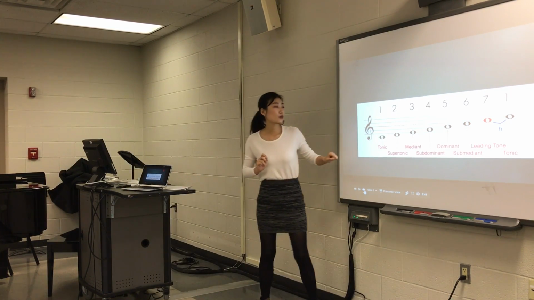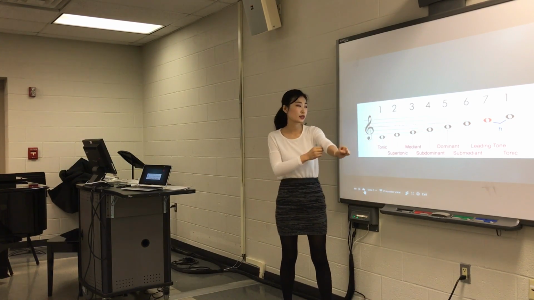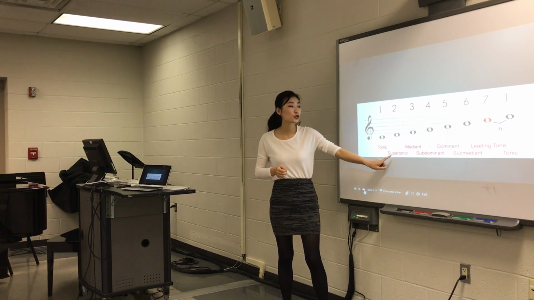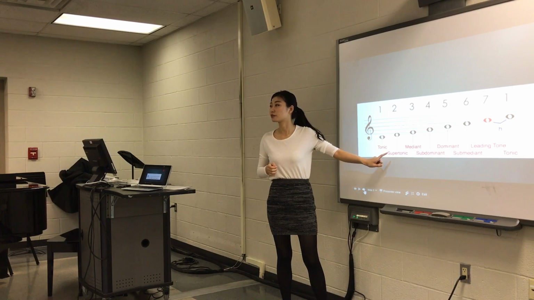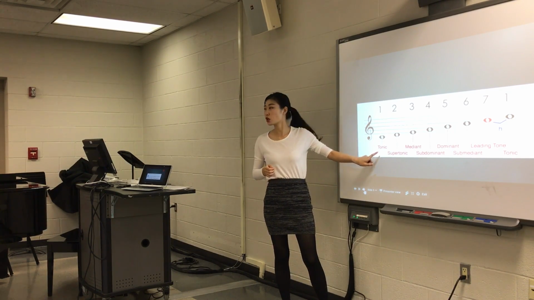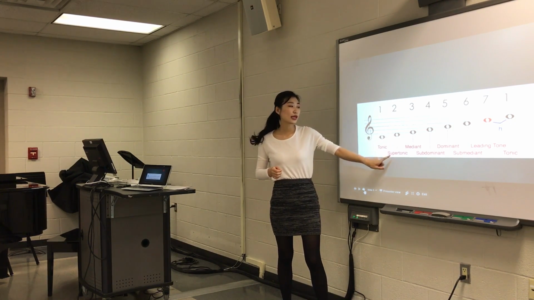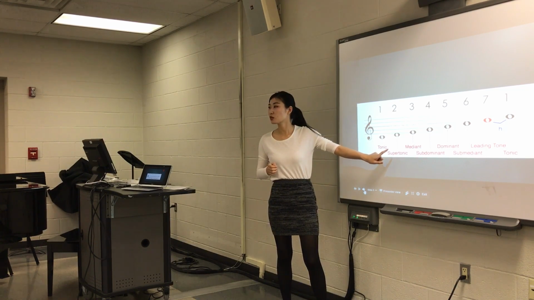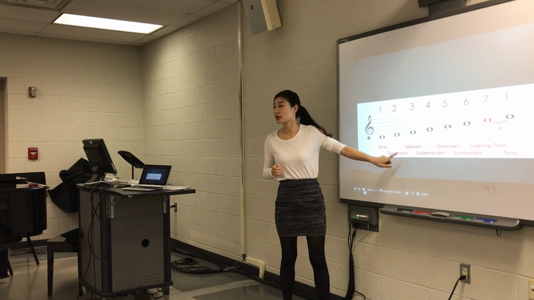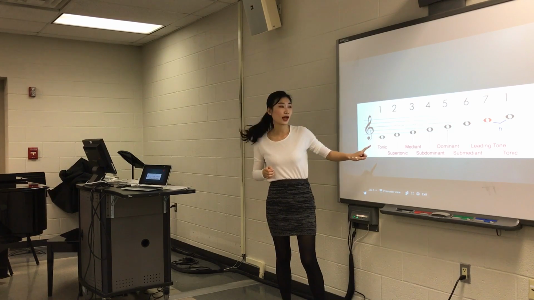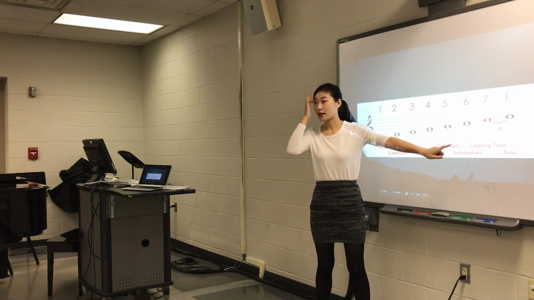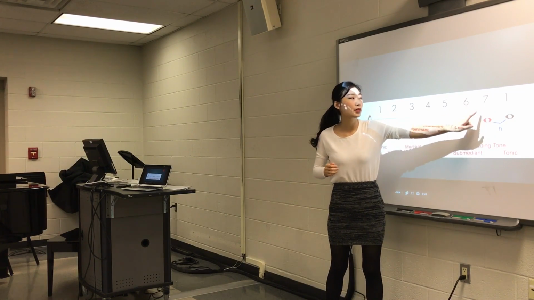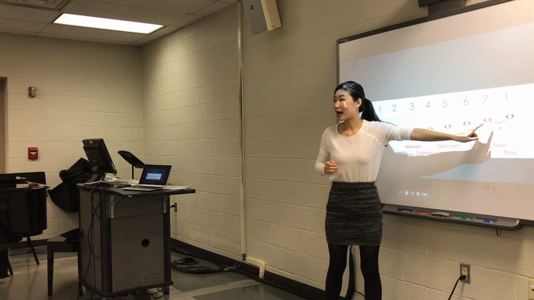Okay, now we only have the second one and the 7th. The second one is called supertonic. Super in Latin means above. And we have the first note, tonic. So it's really easy to remember that the second one is called supertonic, above tonic. Okay? And the 7th note is called leading tone. Why? Because the interval from the 7th to the tonic is a half step.